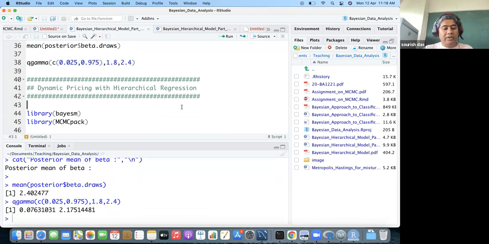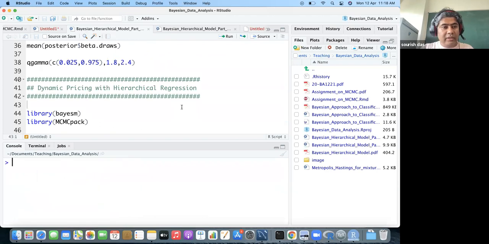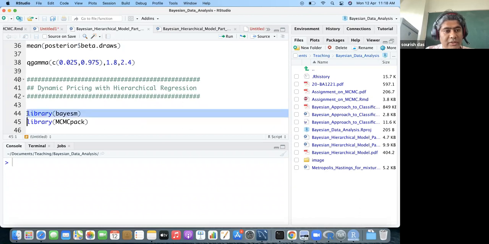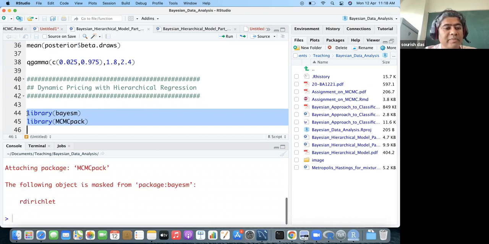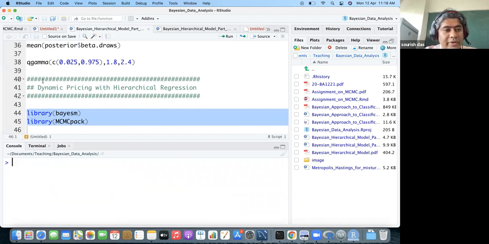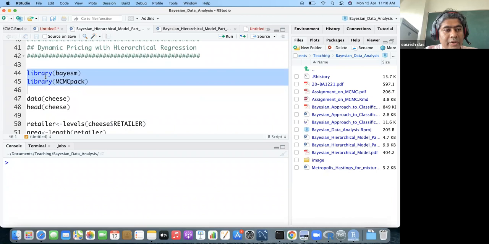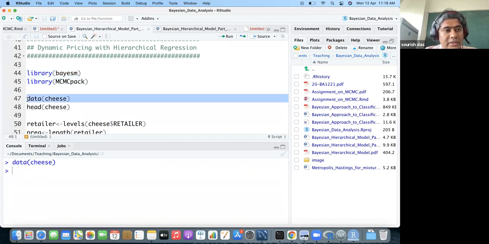Next, we will start discussing the dynamic pricing with hierarchical regression. The first thing is we are going to use two packages. One is bayesm, another is MCMCpack. And then here is the cheese dataset I'm calling.